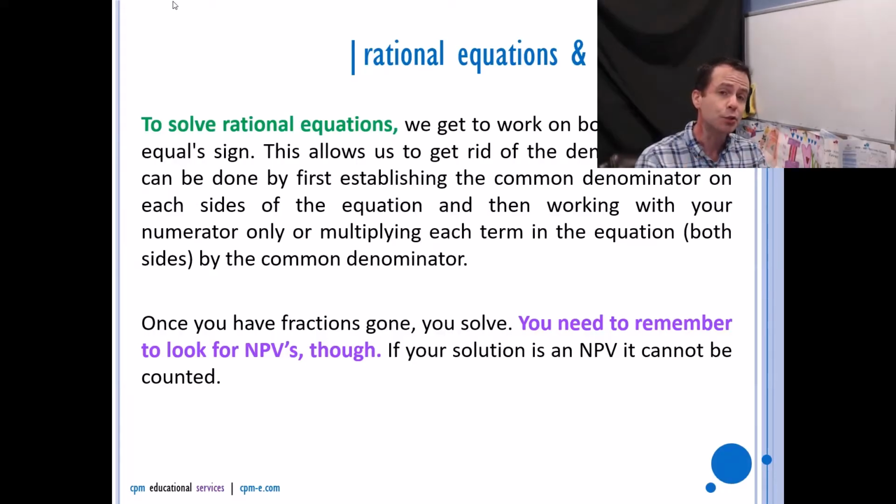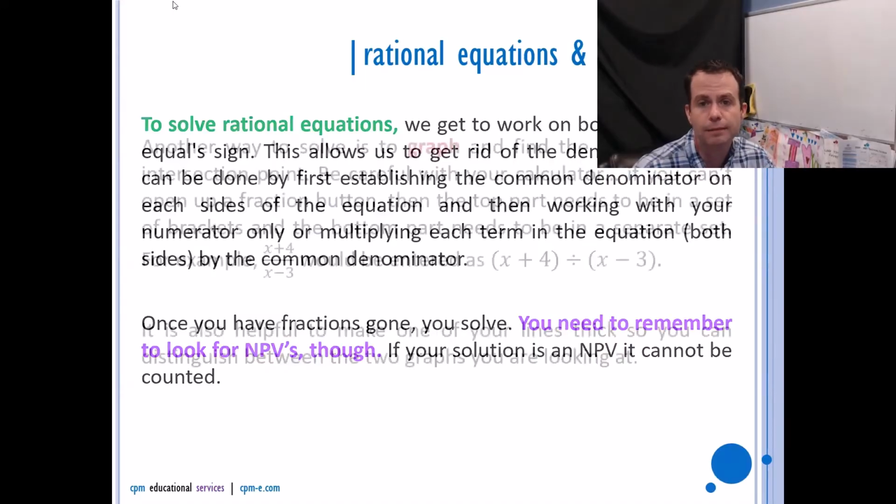Just because you get rid of the denominator doesn't mean the NPVs go away. You always have to write the NPVs before you get rid of the denominators, because when you get down to an answer, you have to verify that the answers you get aren't any NPVs, because if they are, they're extraneous and you can't use them as part of your solution.